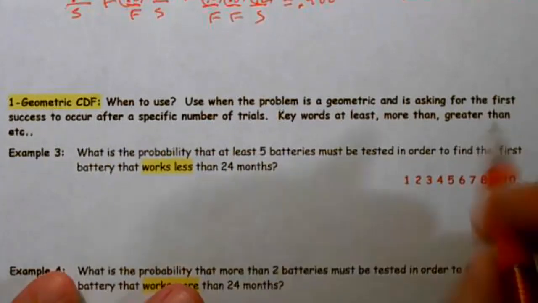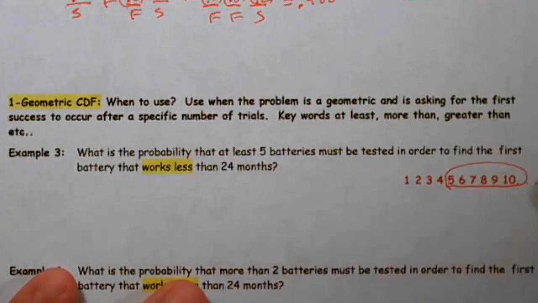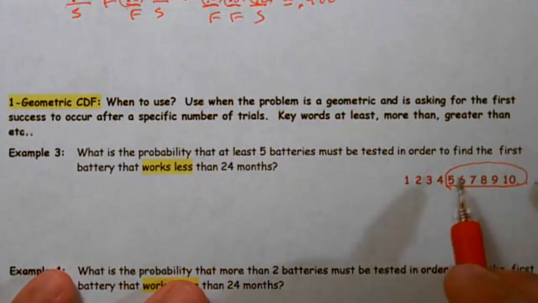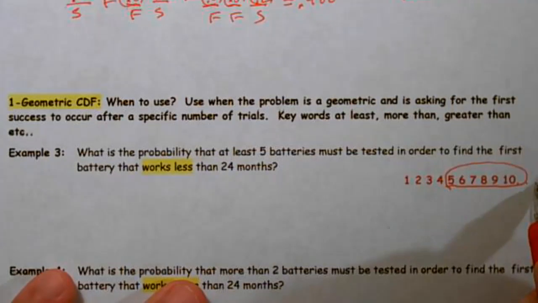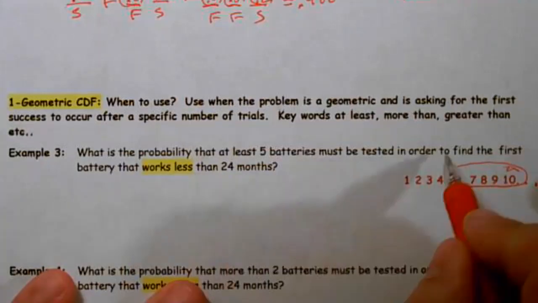Well, basically what they're telling me is at least 5. So 5 all the way up to infinity. I'm sorry, I can't go to infinity, but it's going 5 to infinity. Consequently, they have the phrase at least, so I'm going to use 1 minus.